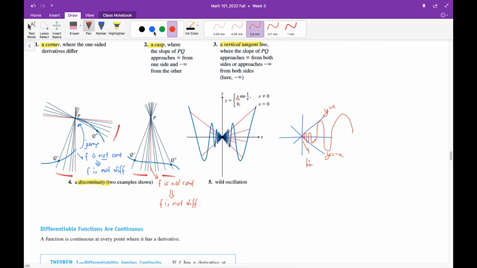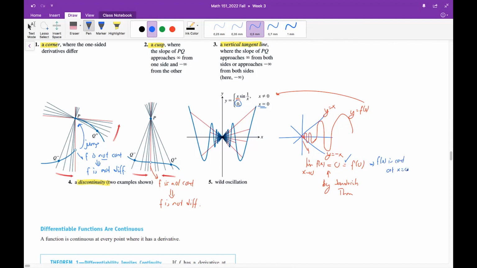So let me show why this function is continuous at the origin. The limit as x goes to 0 of this function, y equals f of x, which is defined like that, is 0 by the sandwich theorem, because the values of your function are squeezed between x and minus x. And it is in fact the defined value of your function. You see, at x equals 0, it is defined as 0. That's why f of x is continuous at the origin.